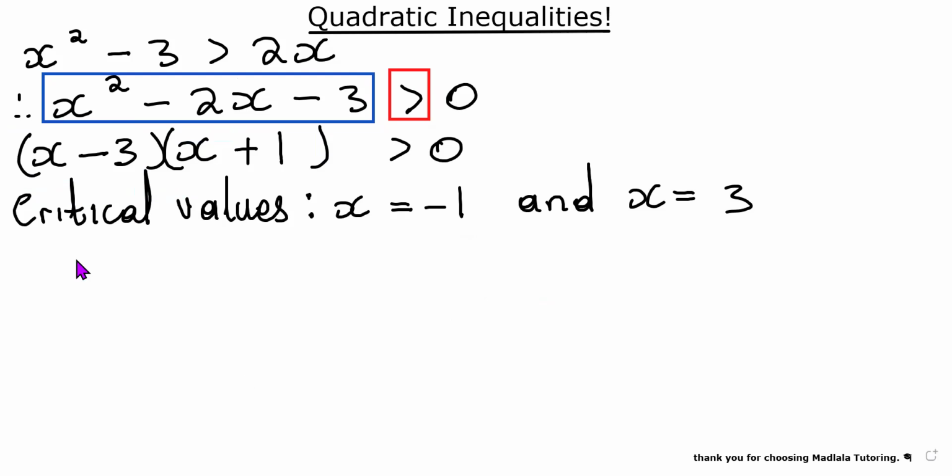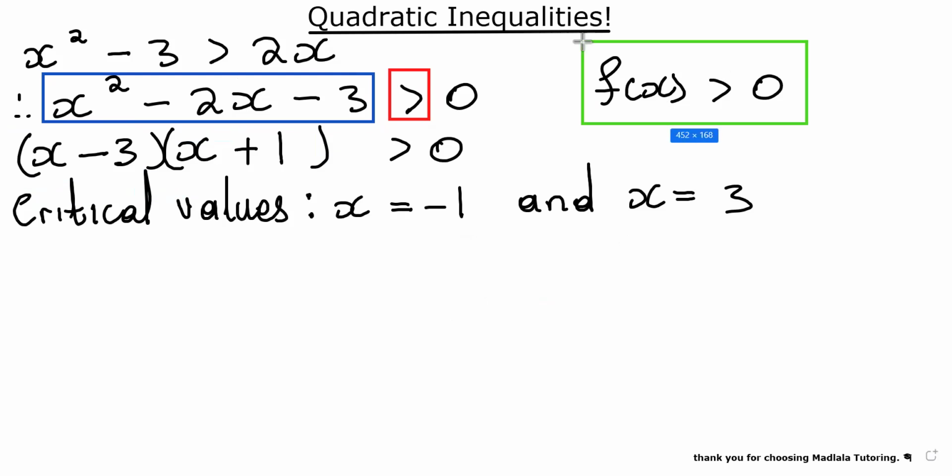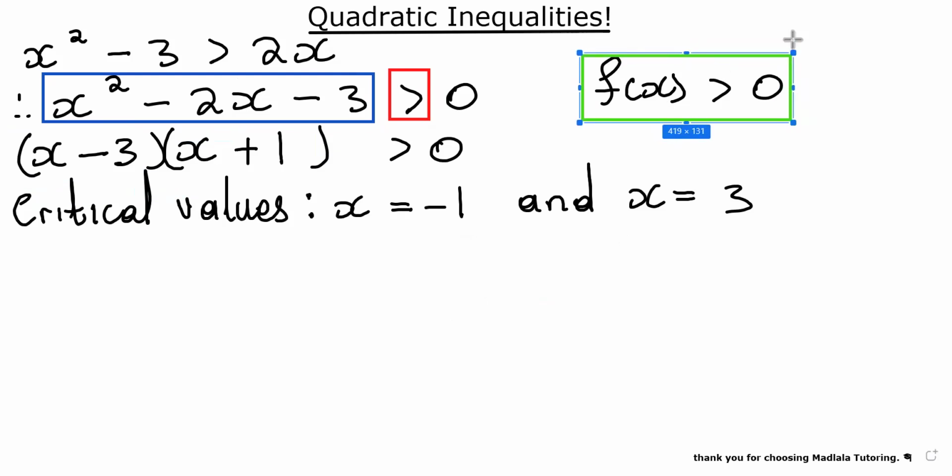It's a quadratic function. It's like this question is saying, for which values of x is f of x greater than 0? This one you recognize because you have seen it in functions. So we call these inequality questions in the context of functions.